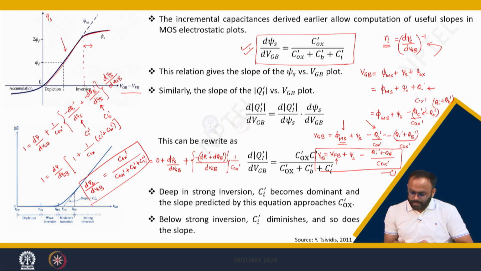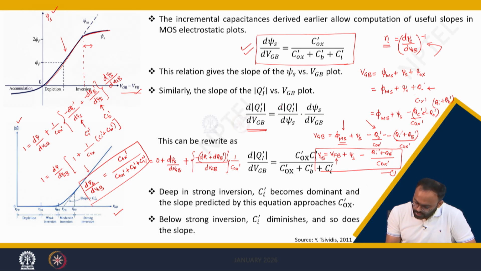Now, let us calculate the slope of the known graphs between surface potential and VGB and finally the charge and the VGB. We know that the slope of this charge and VGB is important because it tells us in which region of operation we are. So, dq by dVGB, if we are interested, it means we are interested to find out the slope of this graph, and it can be written as d Qi by d psi s and d psi s by dVGB.